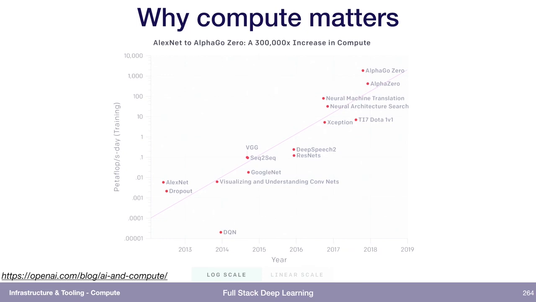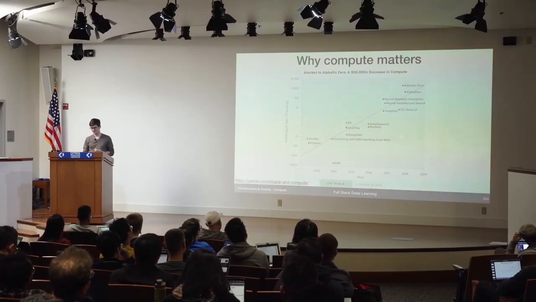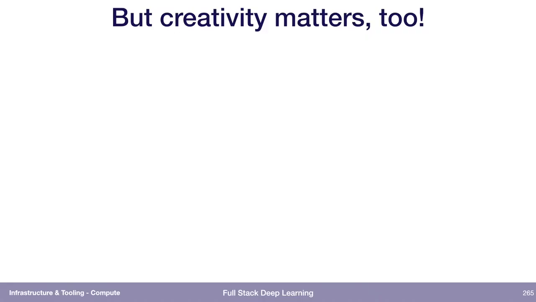There's a blog post by OpenAI called AI and Compute, which plots seminal results from recent years versus the amount of compute that they used in petaflops. And this is on a log scale. So AlphaGo Zero is like an order of magnitude more compute than Alpha Zero, but here they show up pretty close together. I want to say that, yeah, compute matters.